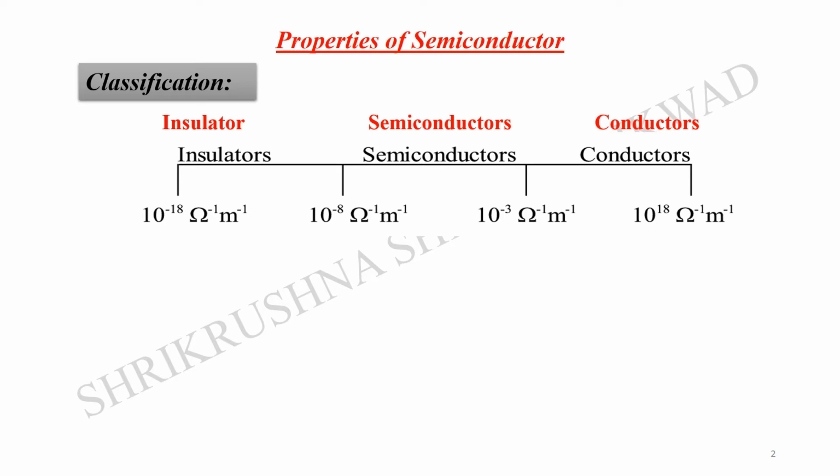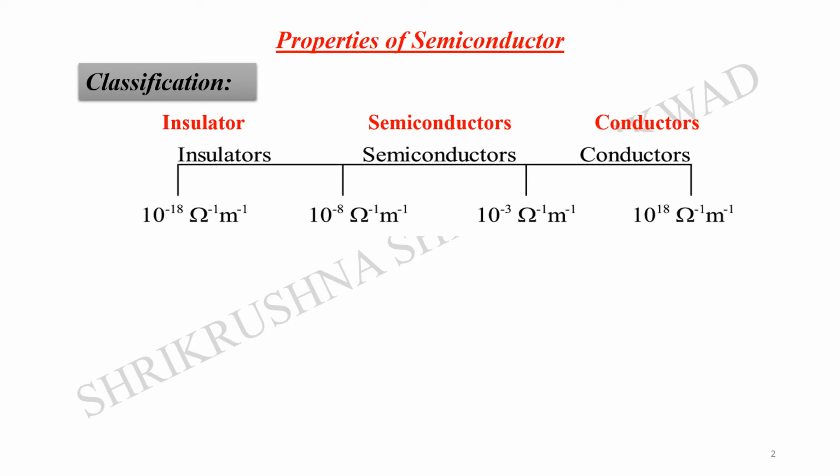As we know, if the electrical conductivity of the material lies between 10 raised to minus 18 per ohm per meter and 10 raised to minus 8 per ohm per meter, we categorize or classify that material as an insulator.